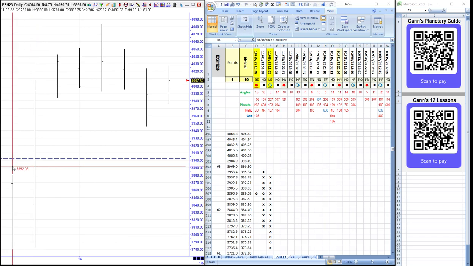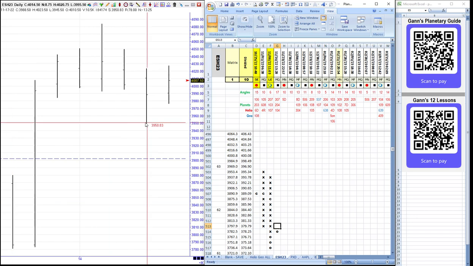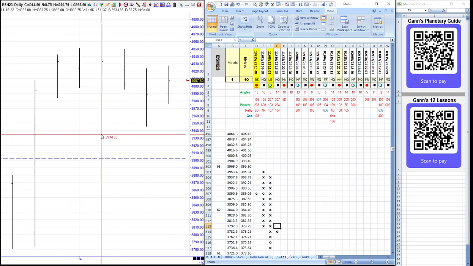And so the 9th will be this low right here, 37.81. Again, the trend is down. And the high was 40.83.